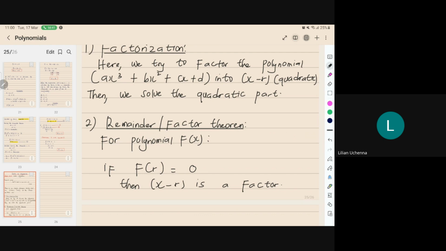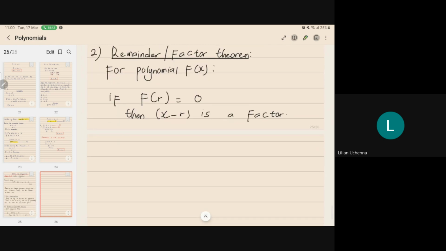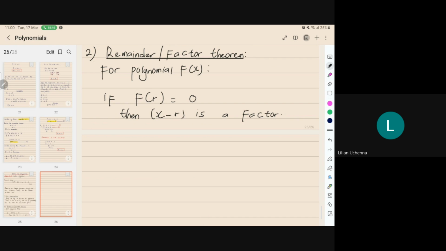From what I've explained before, if you plug in that value and it gives you 0, it means it's a factor, right? So for cubic polynomials, don't worry about this statement. An example will make sense.